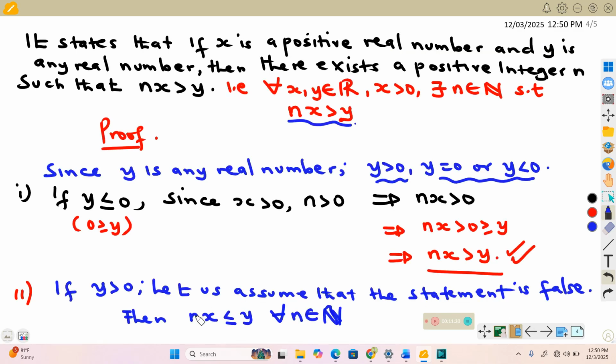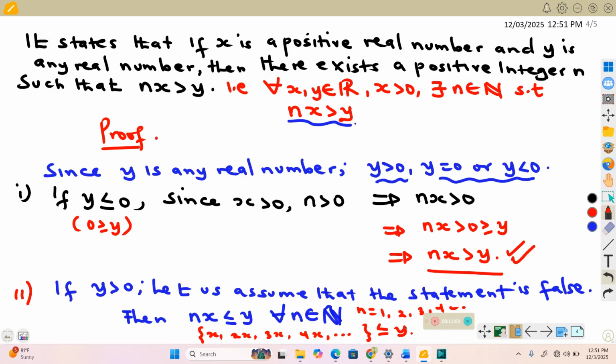So we are saying that for nx less than or equal to y, it means the set, remember, these are different values. If you have n equal to 1, 2, 3, 4, and so forth, you will have 1 times x, which is x, then 2x, 3x, 4x. This will be a set consisting of these elements. But this set is less or equal to y, and it means all these values cannot exceed y.